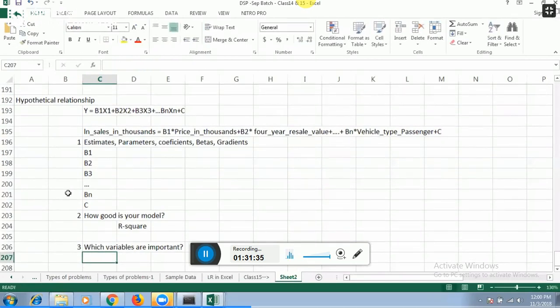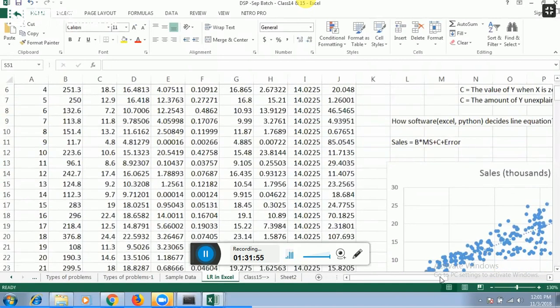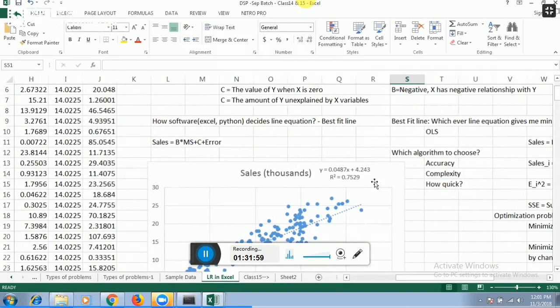How will you know which variables are important? So you remember, if my beta value is high, then the impact of that variable is high. Suppose, in the last case, when we were taking the sales in thousands and the variable is marketing spend, what will the equation be?